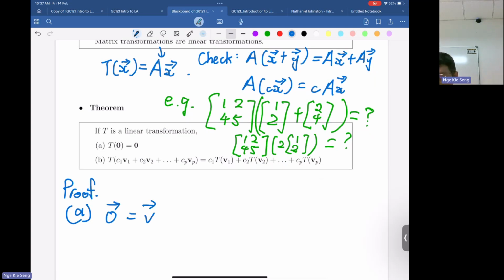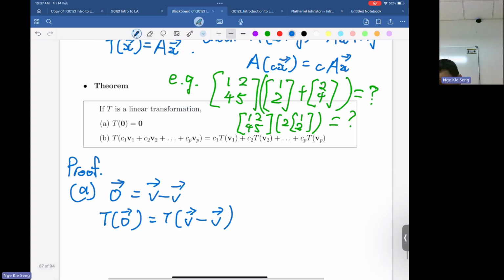Let's write 0 as some vector v minus v. And then obviously I can apply the linear transformation to both sides. But what can I do on the right-hand side here? I can split the sum, because this is really T of v plus (minus v).